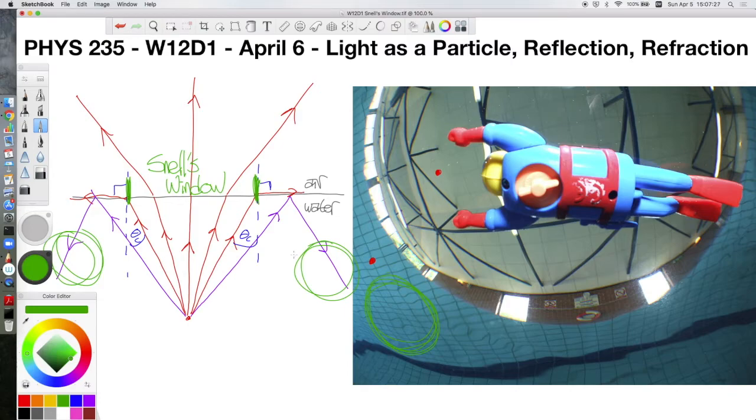One thing to note is that I've drawn my arrows backwards here. If you're seeing something from your point of view down here, where this is a little eyeball representing your point of view, you should be seeing rays that are coming towards you. But one of the cool things about the ray model of light is that the path of light is always reversible. So we can reverse the direction of the arrows on any one of these rays and the path remains the same.